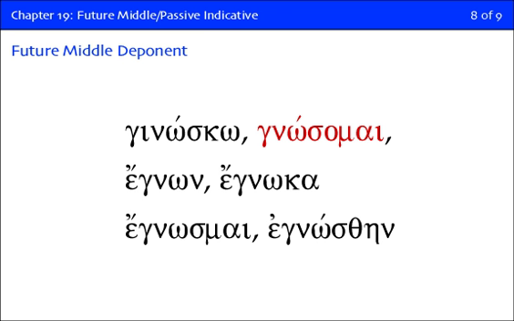But remember, the full definition of a deponent is a word that is middle or passive in form, but active in meaning. And when you look at erchomai, because the middle and passive are identical in form in the present, you can't tell whether it's a middle or a passive deponent. And it doesn't matter. When you get into the future, because the forms are different between middle and passive, you can tell the difference. And so you have to understand it.